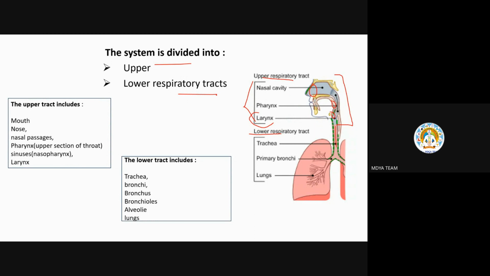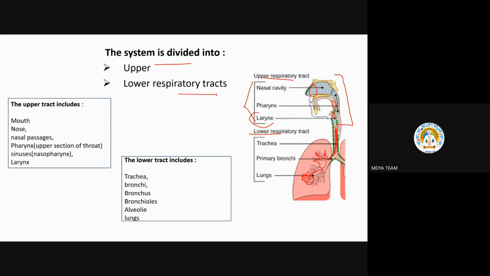Further, the region below is also called the windpipe, or trachea. Okay, trachea is also known as windpipe. This trachea is then divided into bronchi, then further bronchioles, and lastly the alveoli, a sac-like or bulge-like structure at the end of the branches of your bronchioles.